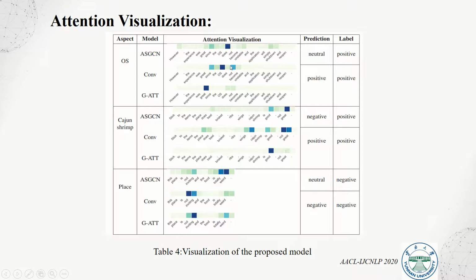However, graph attention networks tend to block graph convolutional propagation from unrelated words to the target aspect by assigning attention weights to the edges.